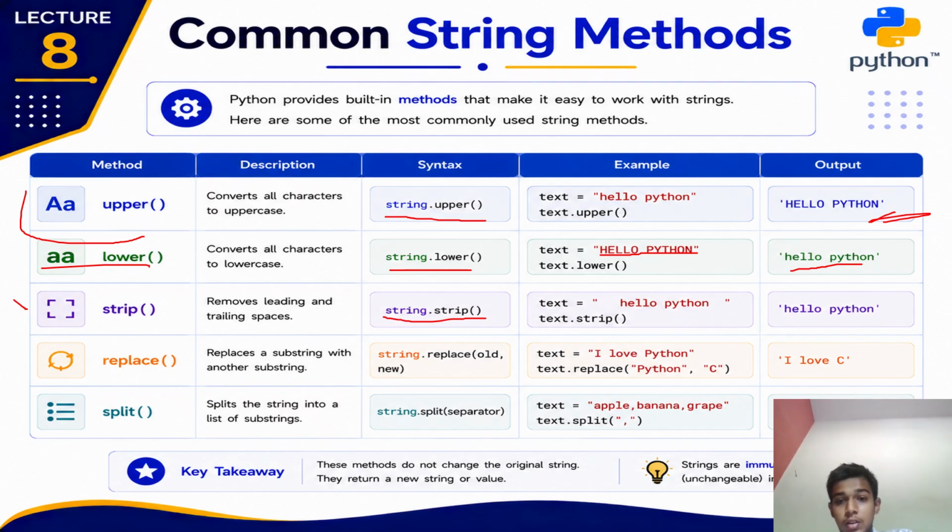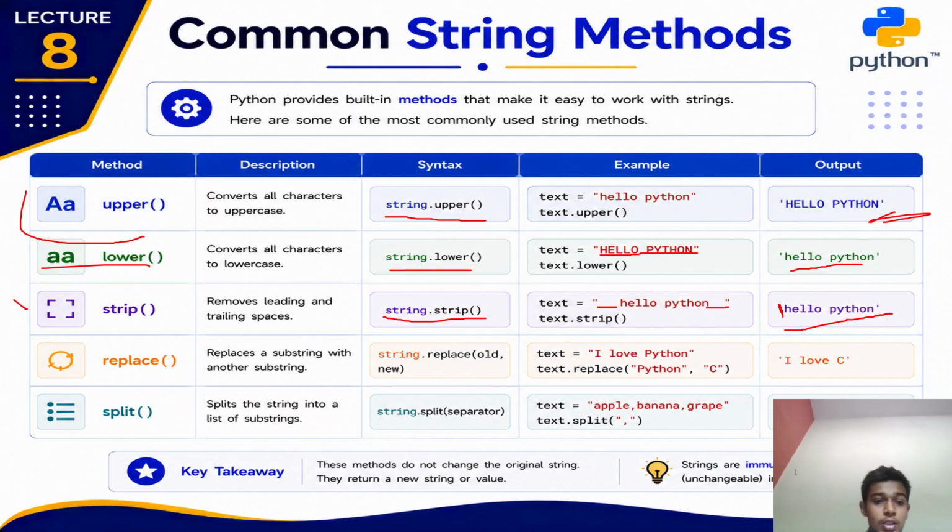For example, you can see the same hello Python, and there are some extra spaces at the start and the end. Now by using text dot strip, extra spaces are removed. Here you can see that there are no extra spaces at the start and the end of hello Python. So strip removes only leading and trailing spaces. It does not remove spaces between the words. This method is very useful while processing user input.